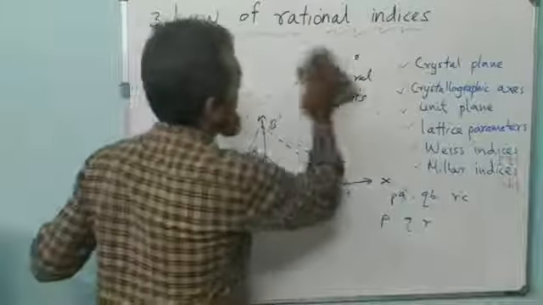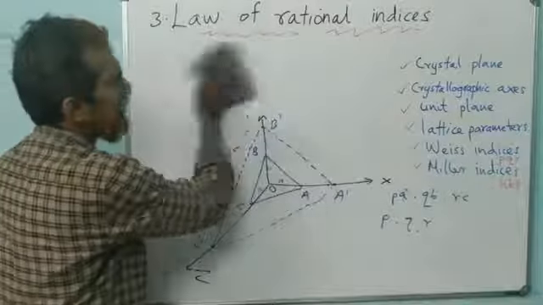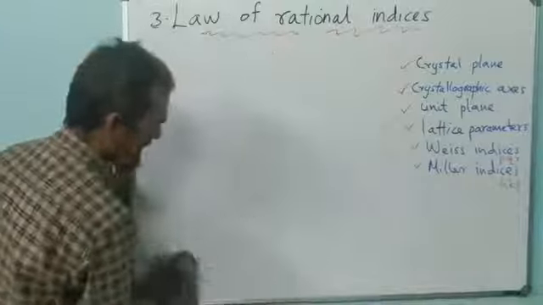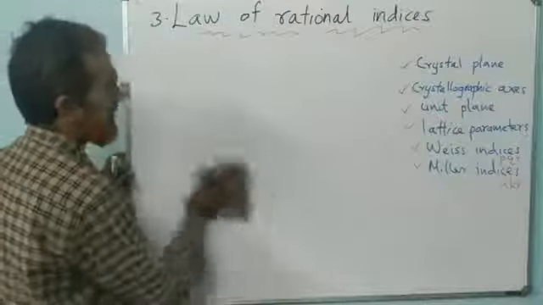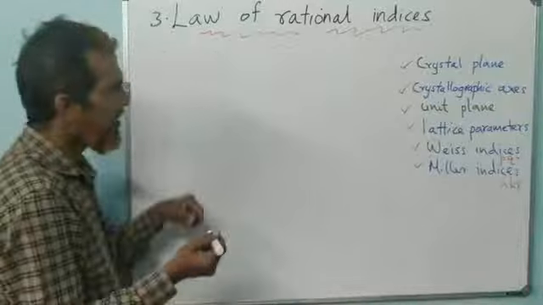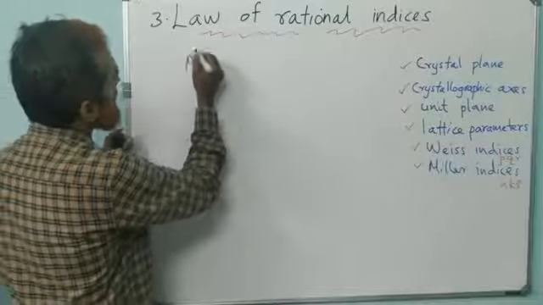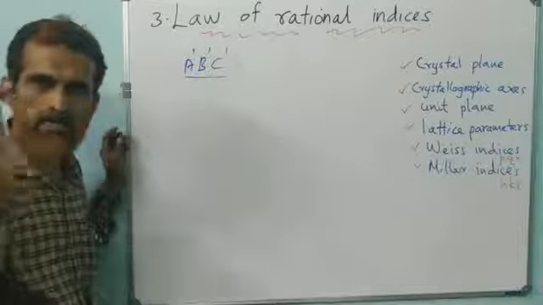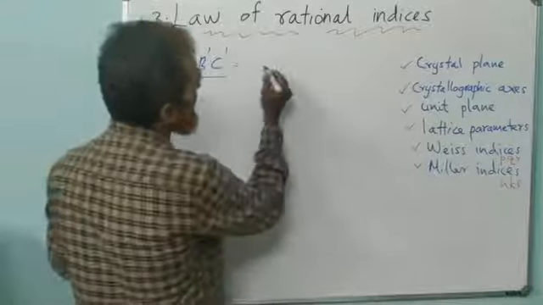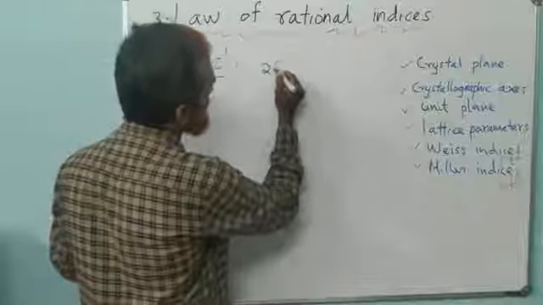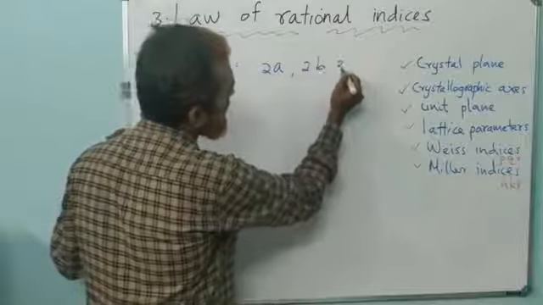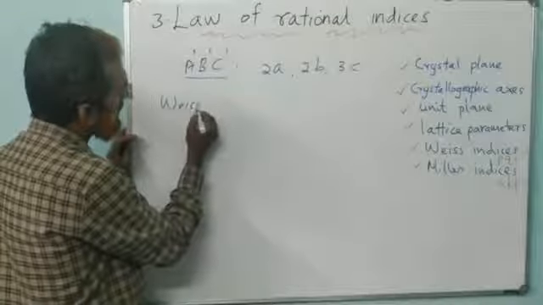What is Weiss index? The plural is indices. So remember the plane which we have just drawn, A dash, B dash, C dash. That is the plane under consideration, and we know the intercepts we have just got are 2a, 2b, 3c. Now we define what Weiss indices are.